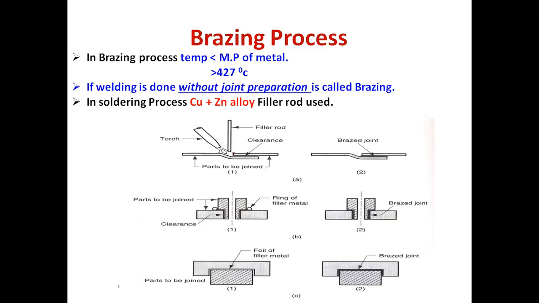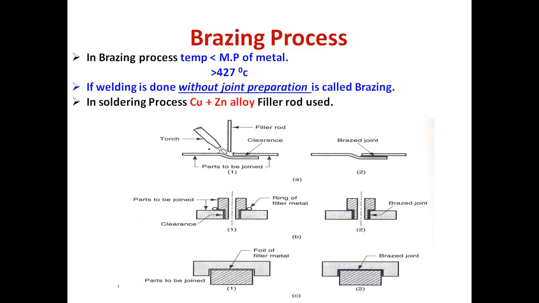Whatever the brazing process is, it can be automated to obtain a high volume of production. It can also be done manually to fabricate or to repair single assemblies.